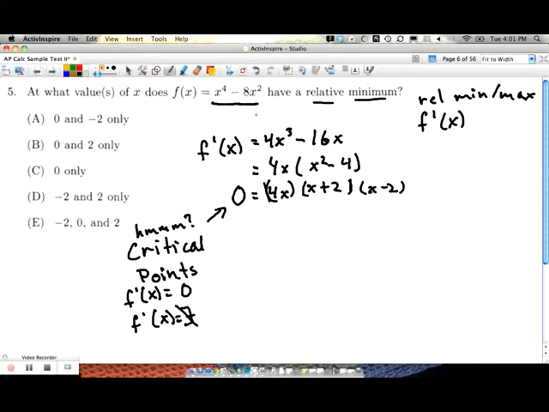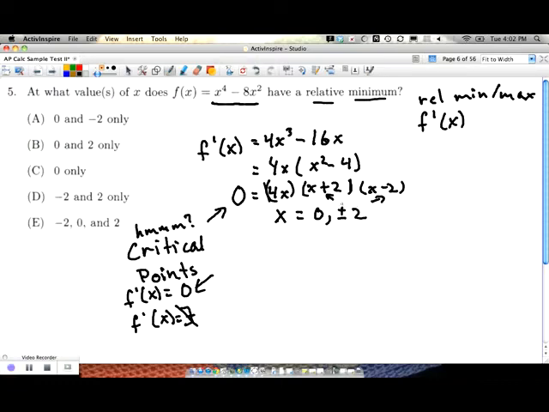Well, this derivative is a polynomial. Polynomials and the derivatives always exist, so we are focused then on just when does it equal 0. Well, since we're trying to set it equal to 0, we can say by zero product property that x equals 0 or plus or minus 2.